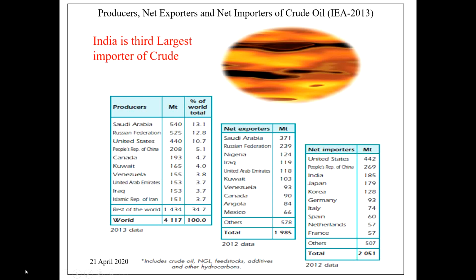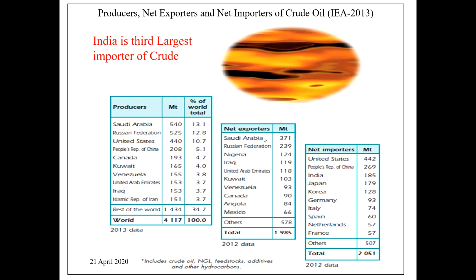So Venezuela recently has moved up in this line to maybe second or third position. So currently Saudi Arabia is the largest producer of oil, having the largest reserves, followed by Russian Federation and then by United States.